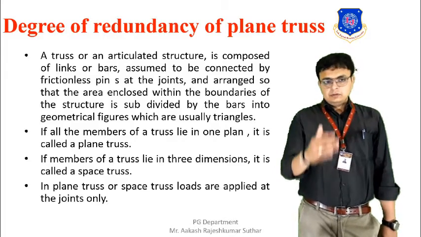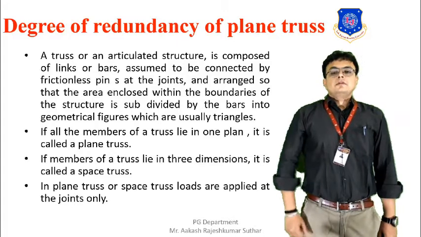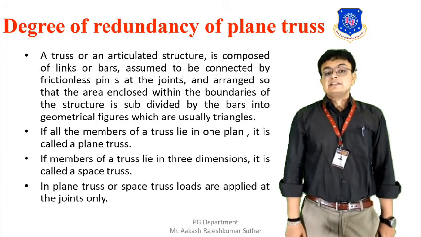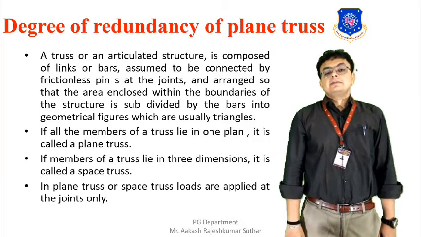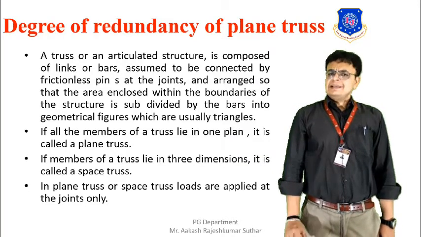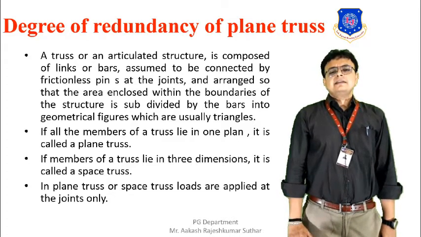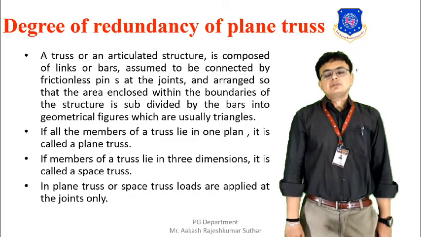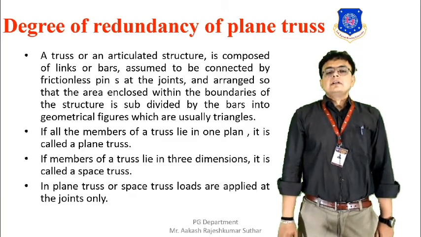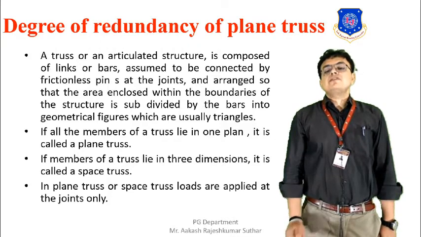Now, a plane truss is a truss composed of links or bars assumed to be connected by frictionless pins at the joints. Basically, in a truss all the joints are pin joints, arranged so that the area enclosed within the boundaries of the structure is subdivided by the bars into geometrical figures.